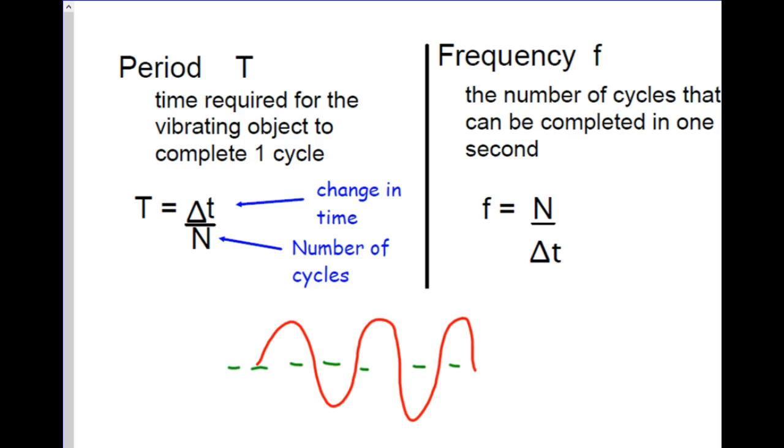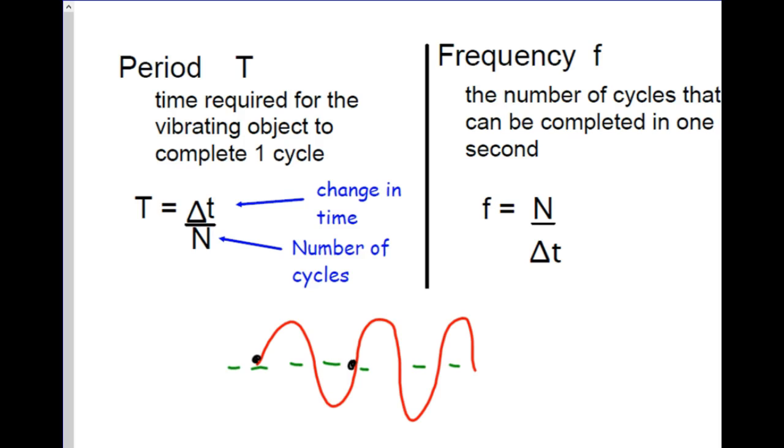What would you consider to be the one full wave? From crest to crest? From here to here? Or to the next one maybe? Yes, you need a full crest and a full trough. That means that from here to here is actually one full wave.